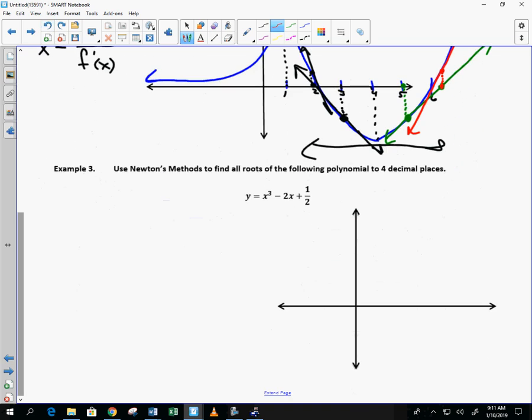It says, use Newton's method to find all roots of the following polynomial to 4 decimal places. So if you look at this, that would be like asking this question, x cubed minus 4x. We would like to find those solutions. If you factor out an x, you get x squared minus 4, and then factor that, you get x times x minus 2 times x plus 2. 3 solutions, right?